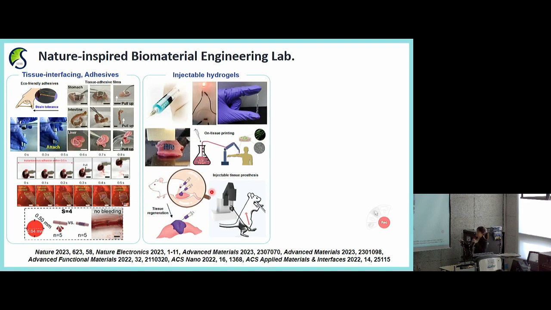Using these hydrogels, we can print tissue, or we can also print the hydrogel on tissue, and we use these hydrogels after filling a tissue defect for combining with a bioelectronic device. We recently integrated these hydrogel materials and a bioelectronic device for a closed loop, robot-assisted system, and that will be the first topic of my talk.